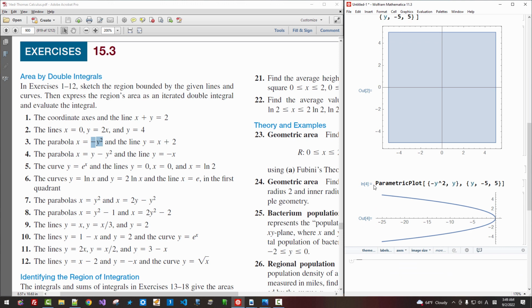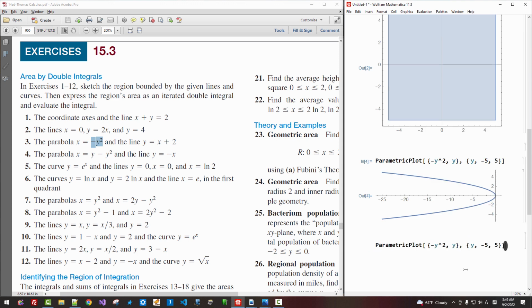Now we need one more function. Here we need this graph. So we need another block. Copy this, paste. Y is still y.